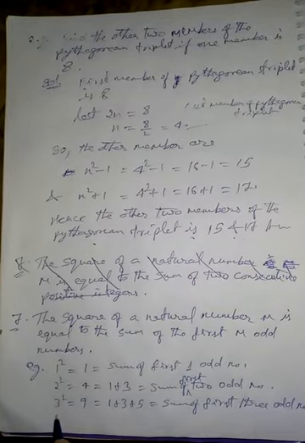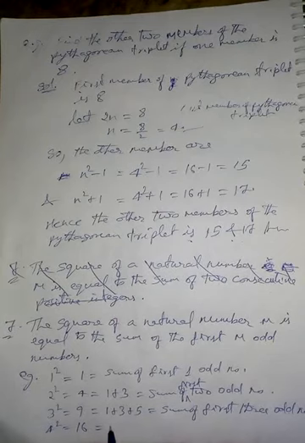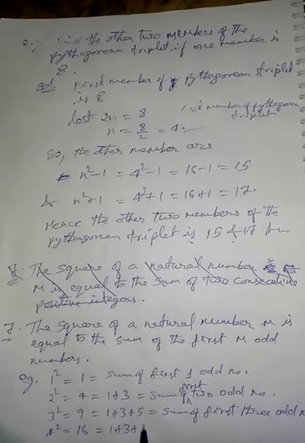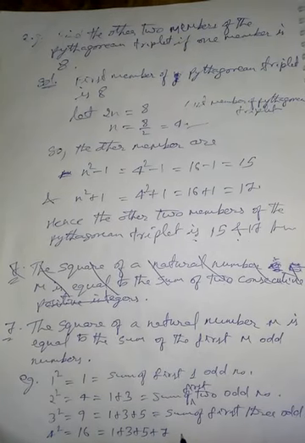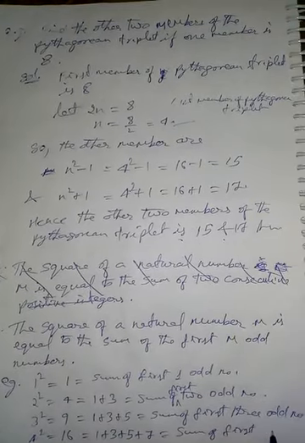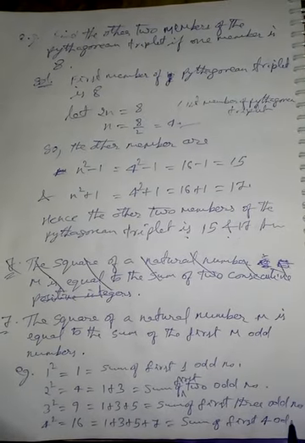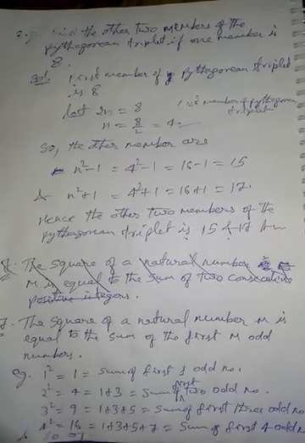In the same way, 4 square is equal to 16. That is equal to 1 plus 3 plus 5 plus 7, that is 1, 2, 3, 4, the sum of the first 4 odd numbers, and so on.